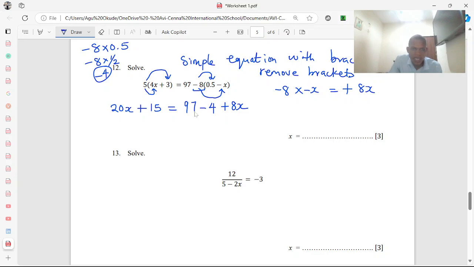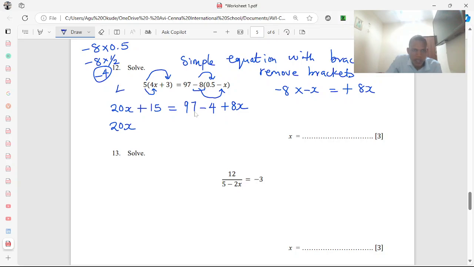Now at this stage, I'm going to collect like terms, so I have to arrange them. I have 20x. Now I'm going to move this plus 8x across the bridge to the left hand side.